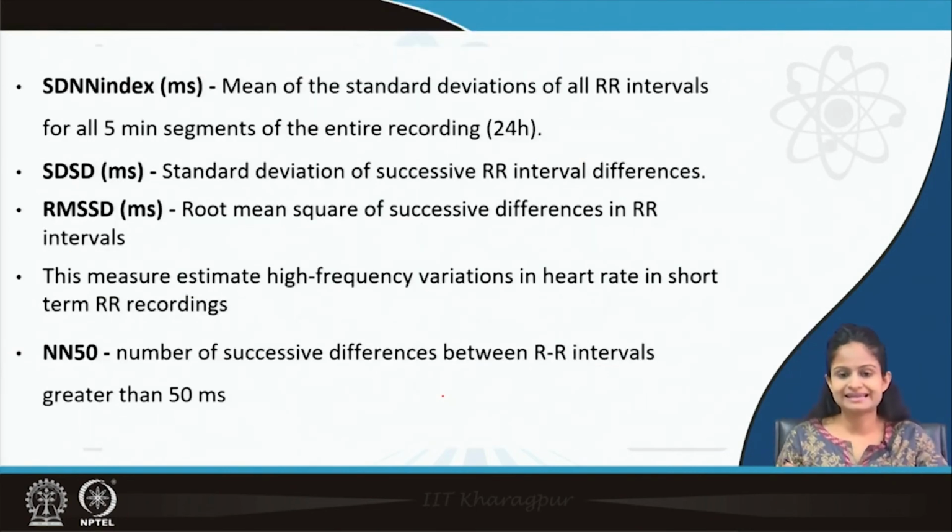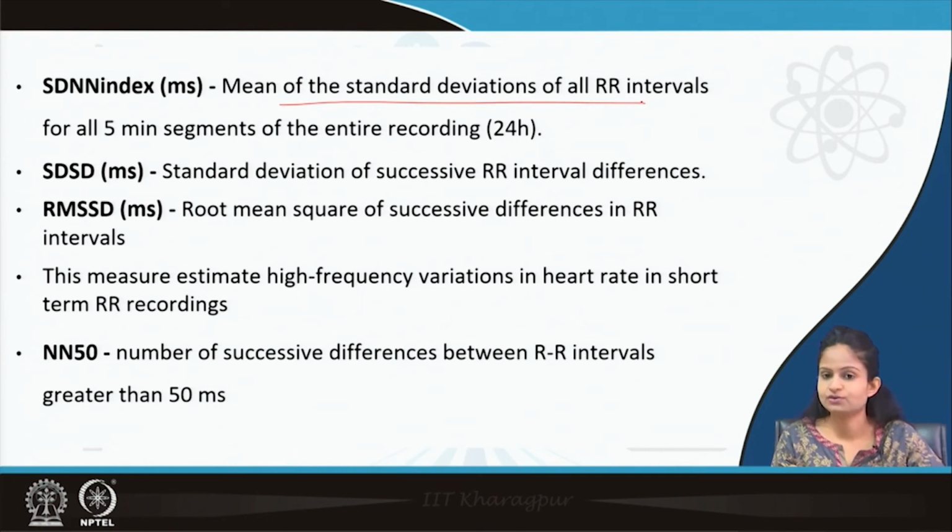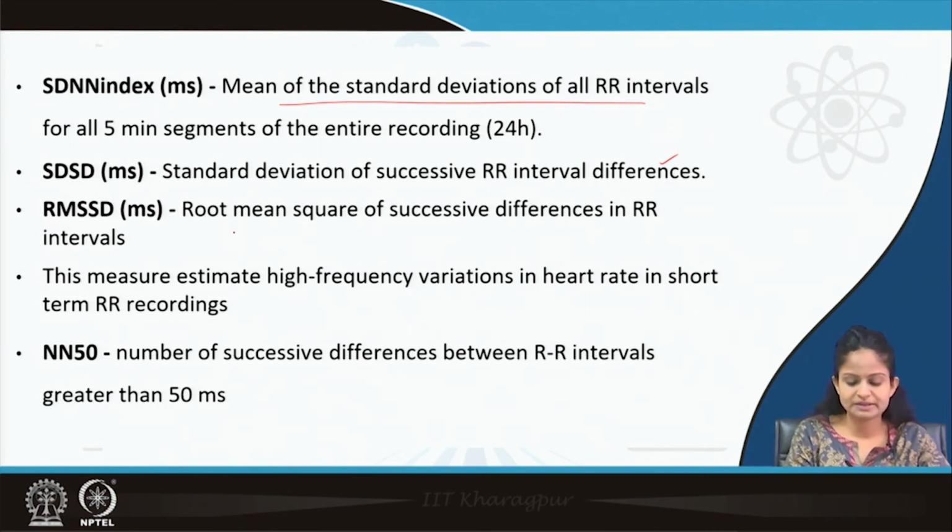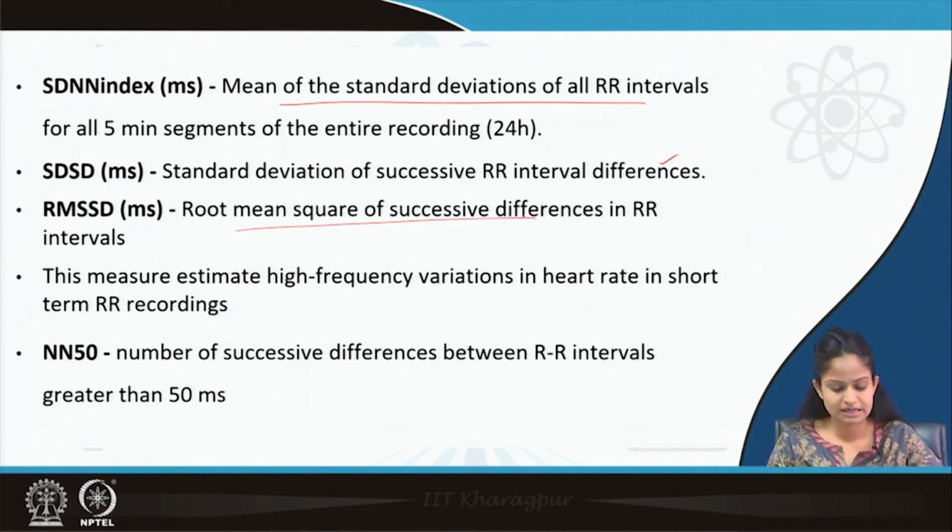Then we have the SDNN index, the mean of the standard deviations of all RR intervals for all 5-minute segments in the entire 24-hour recording. Then we have the standard deviation of the successive RR interval differences. Then we have RMSSD, the root mean square of successive differences in RR intervals. RMSSD measures mainly the high frequency variations in heart rate, in short term HRV.